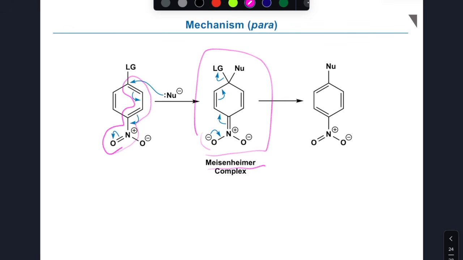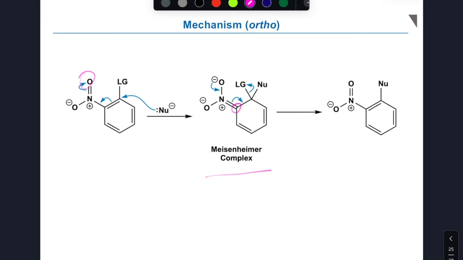If it's in the ortho position, we get very much the same type of contribution. Nucleophilic addition here can be pushed out and then up onto this oxygen to give you this Meisenheimer complex, where we have the double bond now outside the ring. And then once it collapses back, it slides over and kicks out the leaving group to give us back our aromatic ring.